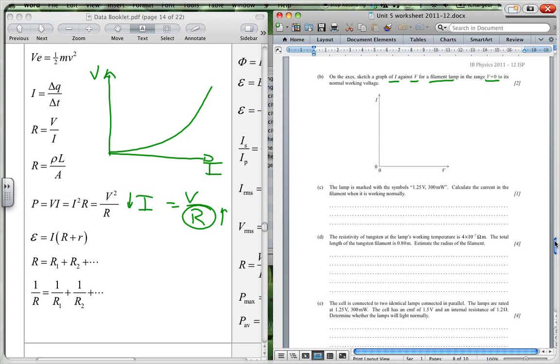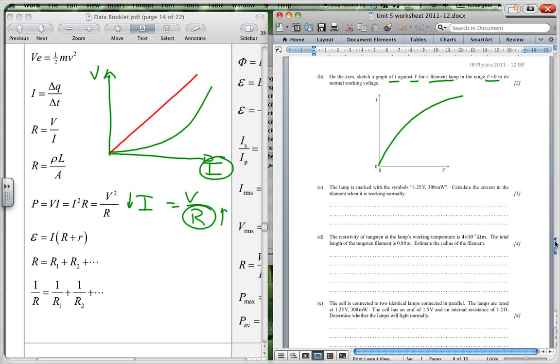So here I've got the reverse of this. I've got I on my vertical, and I've got my V on my horizontal. So we'll have a graph shaped something like that. As I said, it's a non-ohmic device, and an ohmic device, where your V is proportional to I, is something like that, and that occurs for a constant temperature.